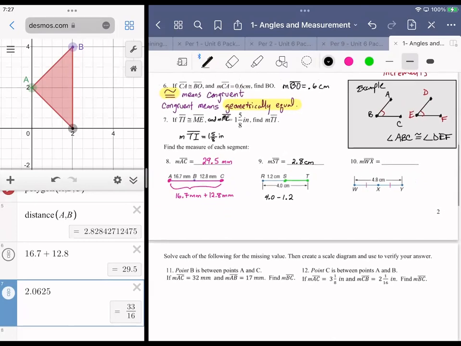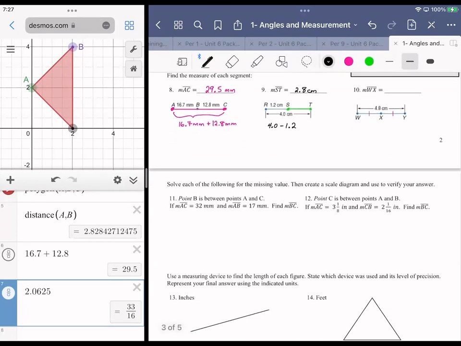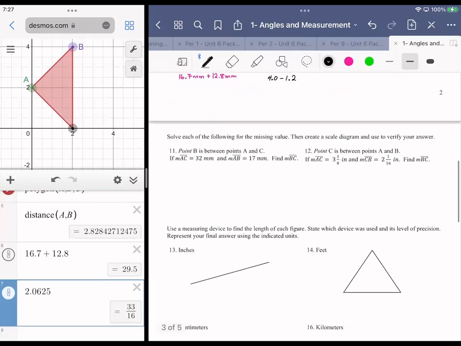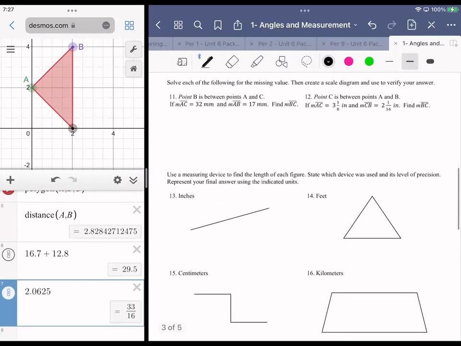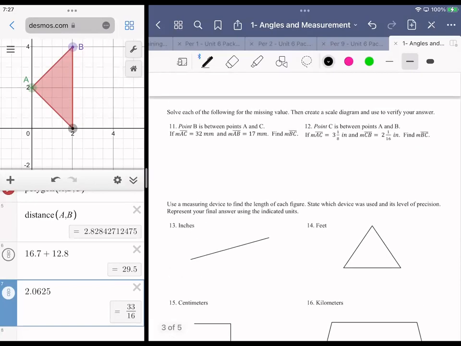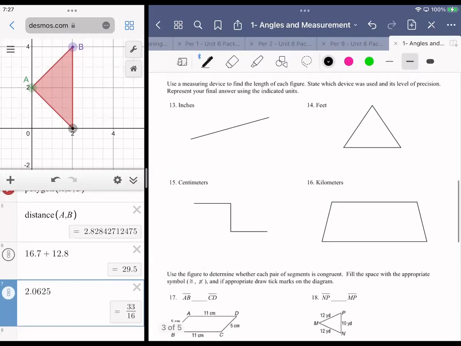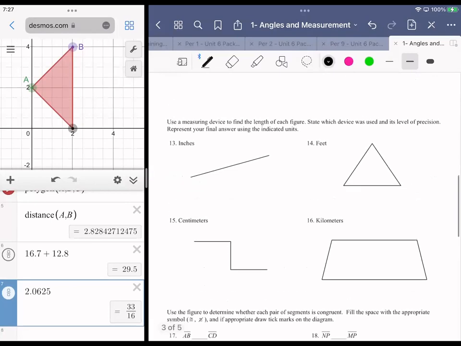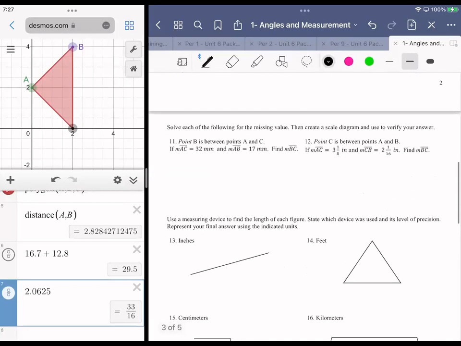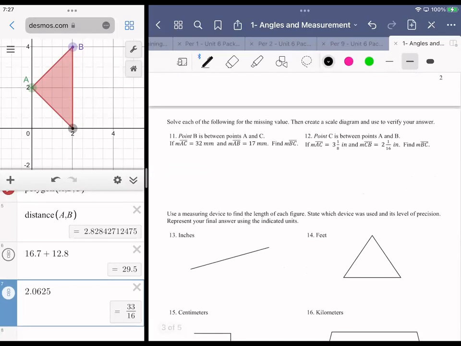All right, so the remaining problems here involve actual measurement. So at least the remaining problems and what we're going to do this evening, at least in part of the notes, they involve measurement in some capacity, like physical measurement.